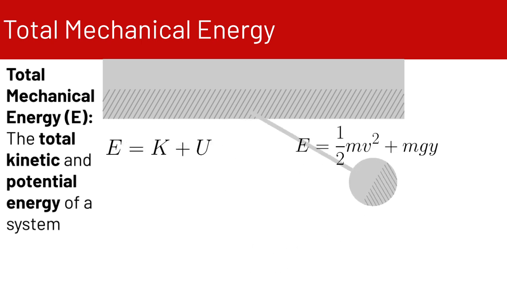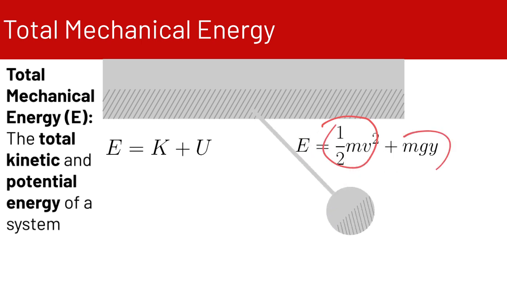We can expand that to total mechanical energy is equal to 1/2 mv squared plus mgy. That's the equation for kinetic energy plus the equation for potential energy.